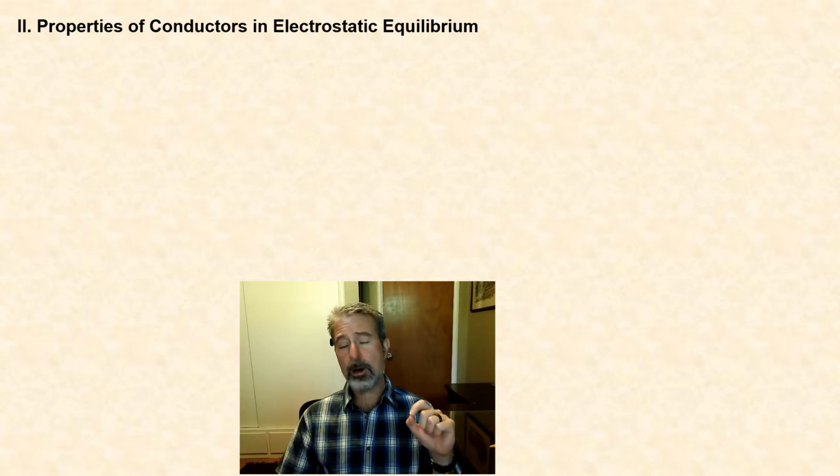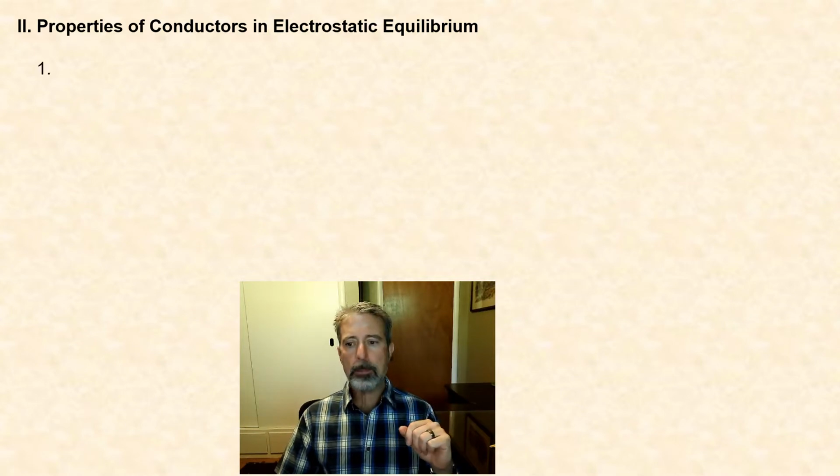Today we're going to talk about 5 properties of conductors in electrostatic equilibrium. We'll start by listing each property, then try to explain what is meant by each property, then attempt to provide a proof or at least a justification of each property, and finally we'll look at various examples to see how each of these properties can be applied.